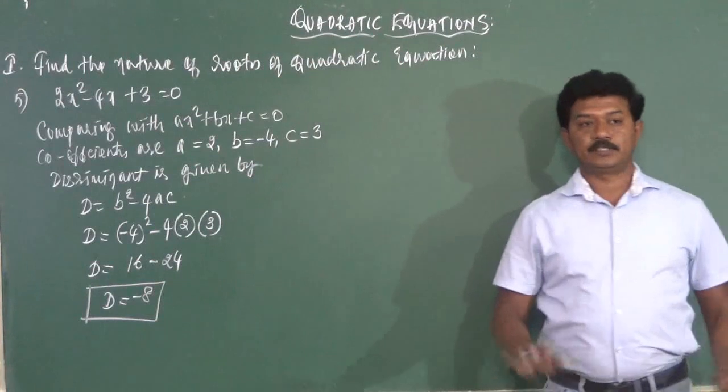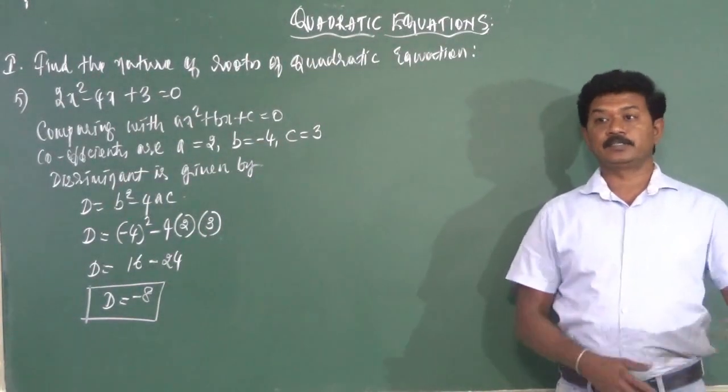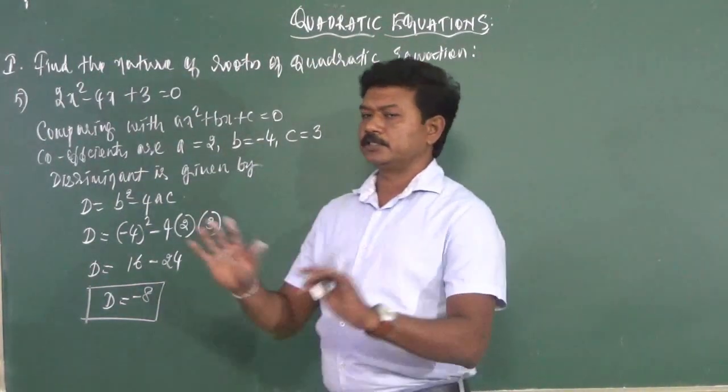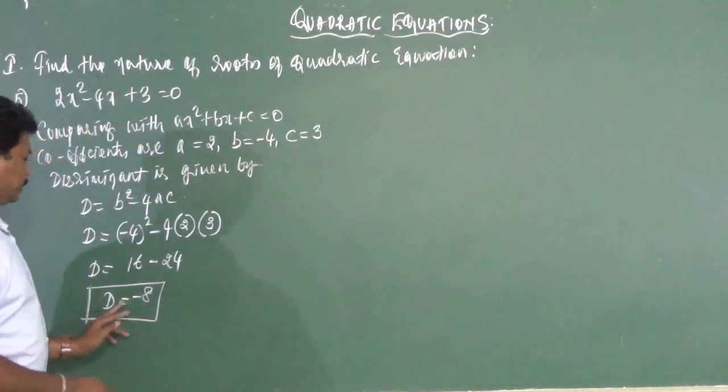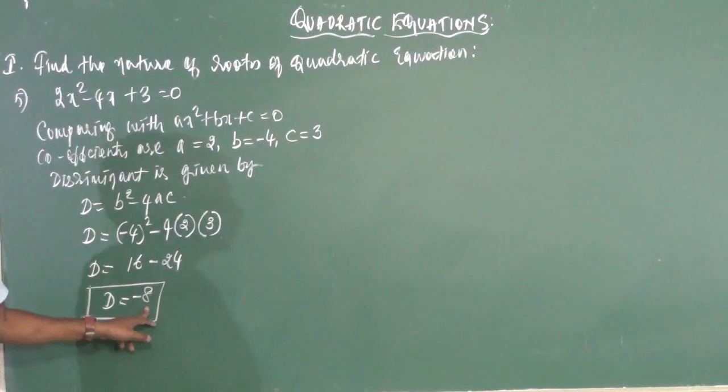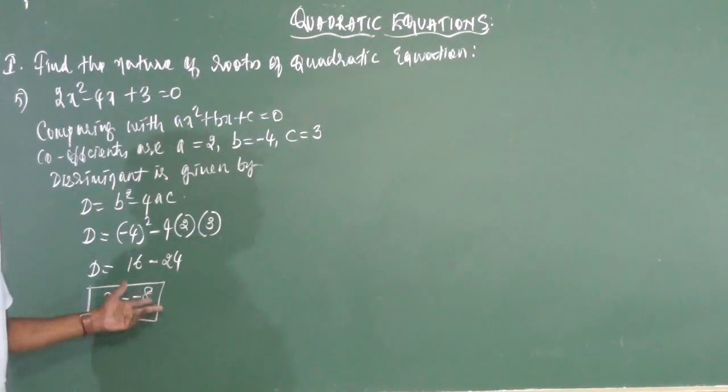So the discriminant value you have got is less than 0. That's all. Don't tell me it is not a perfect square. Those things are not considered here. It is less than 0. So if the discriminant value is less than 0, then what will be the nature of the roots? No real roots. Exactly.